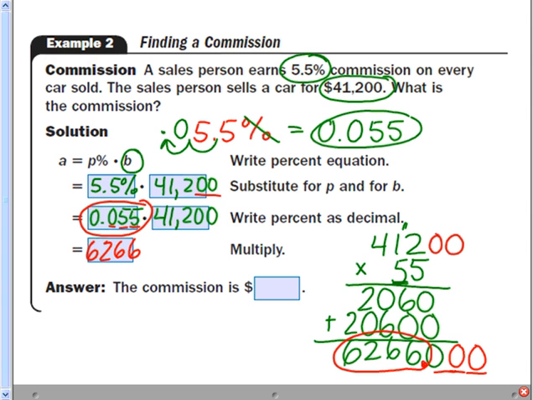So what did we just find out? We just found out that 5.5% of 41,200 is 6,266. So we can answer the question. The commission is $6,266 if you sell a car for $41,200 and you're making 5.5% commission.